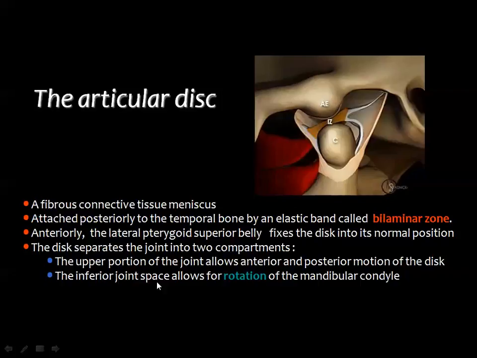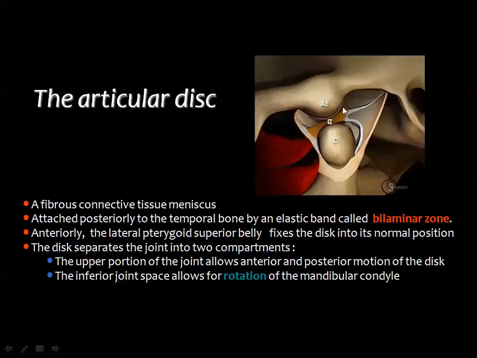The disc, which is a biconcave structure, separates the joint into two compartments: a superior compartment and an inferior compartment. The superior compartment allows the anterior and posterior motion of the disc, while the inferior compartment of the joint allows the rotation of the mandibular condyle.